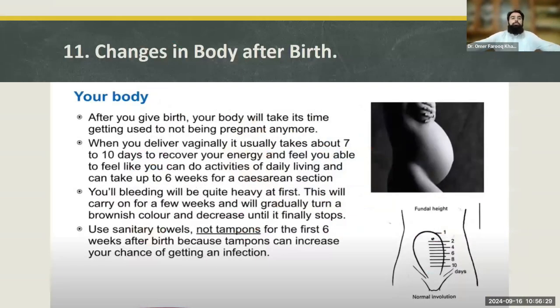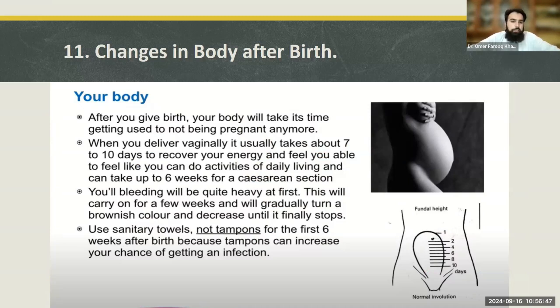The woman should be taught about the changes in the body after birth. After you give birth, your body will take its time getting used to not being pregnant anymore. For 9 months, a woman is pregnant, and all of a sudden, she's not pregnant.